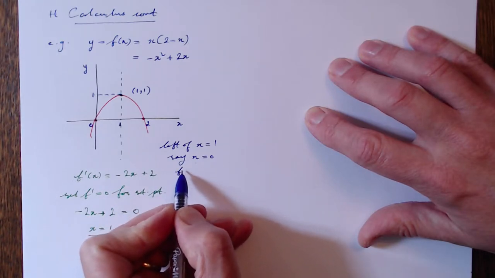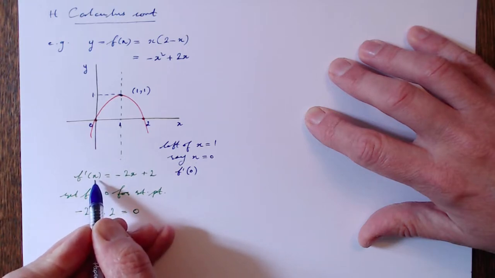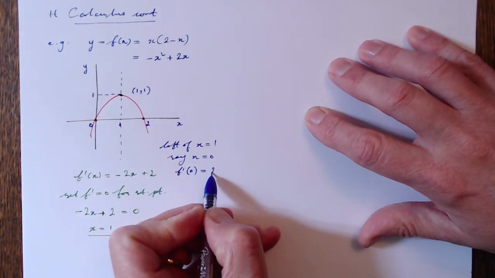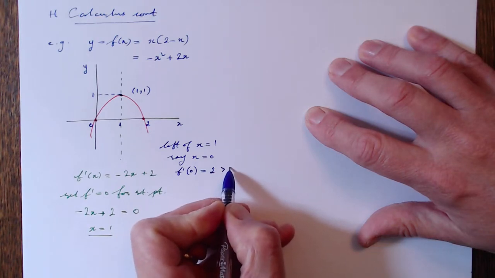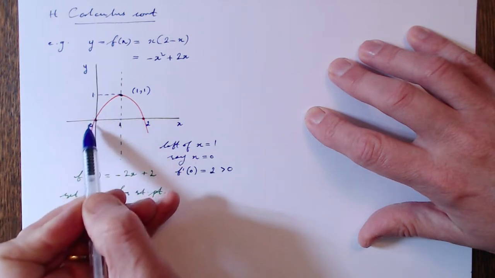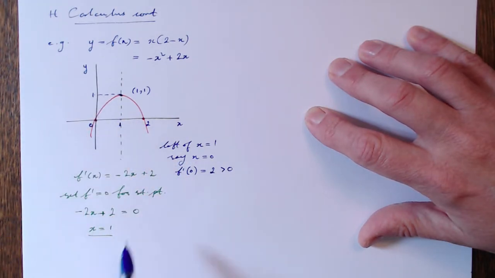The derivative evaluated at x equals 0 will be 0 plus 2, so just equal to 2, which is positive. We can see from this curve that the function has a positive gradient of its tangent there at x equals 0.